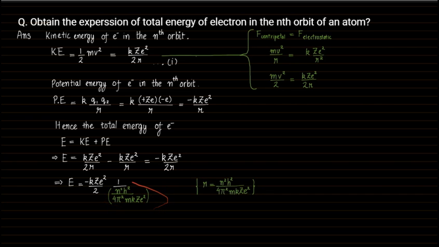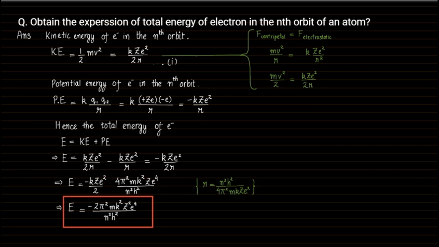On further simplification, I can multiply this k with this k square, Z with this Z, e square with this e to the power 4, which will give us e to the power 6. So on further simplification, my total energy expression E equals minus twice of pi square mk square Z square e to the power 4 upon n square h square. So this is the total energy expression for an electron which revolves around this circular orbit.